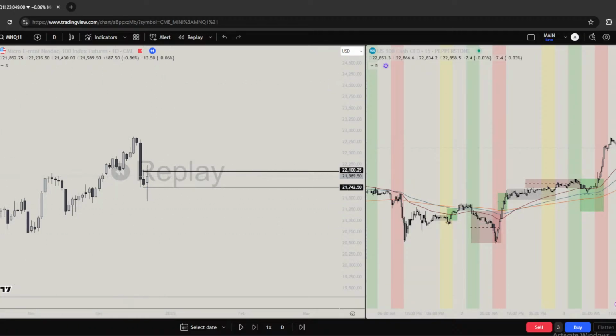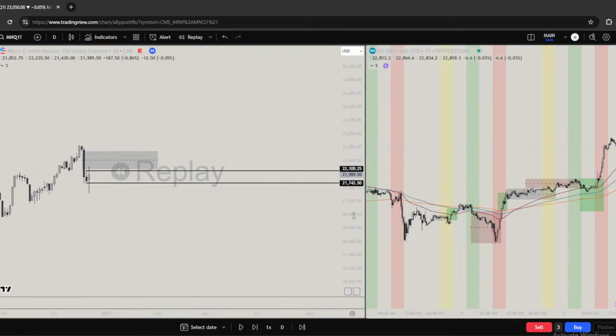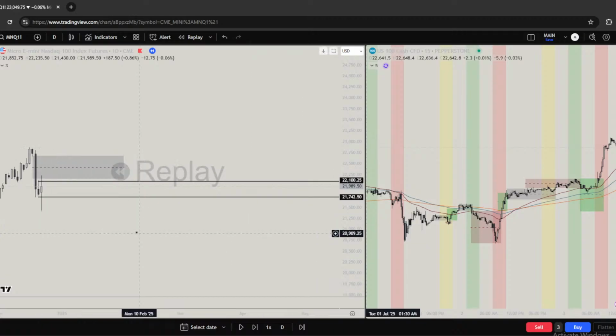Looked like price wants to come back up into this FVG.